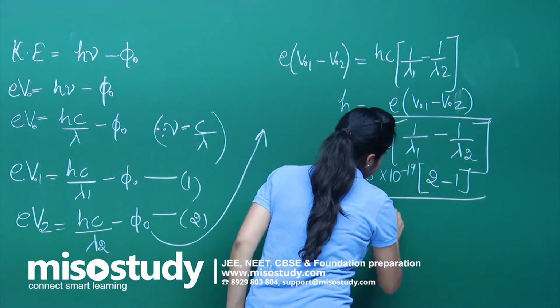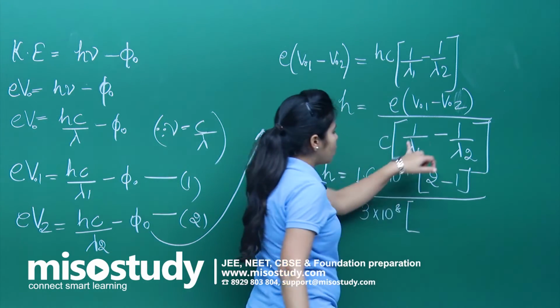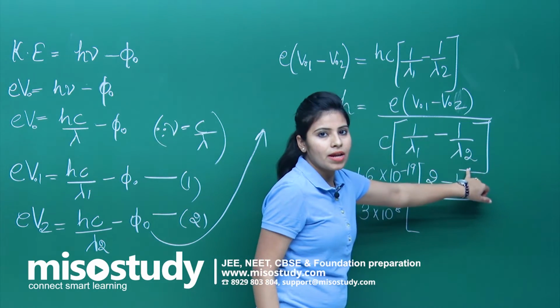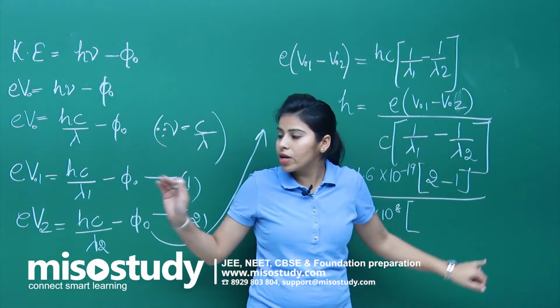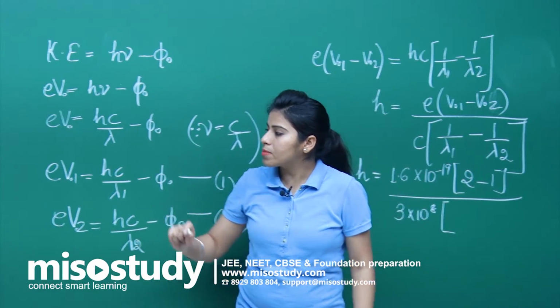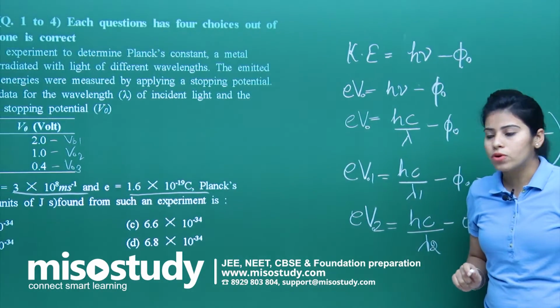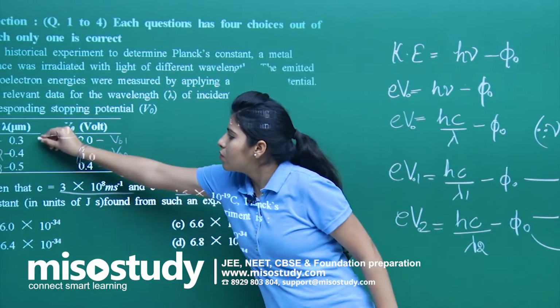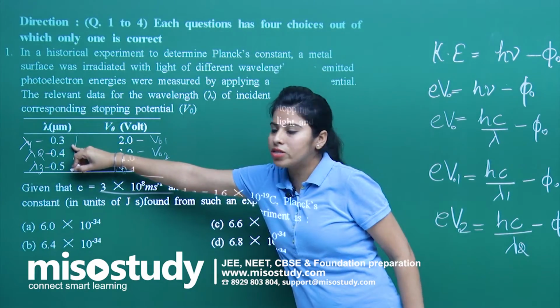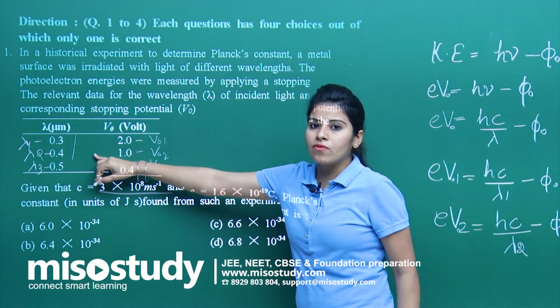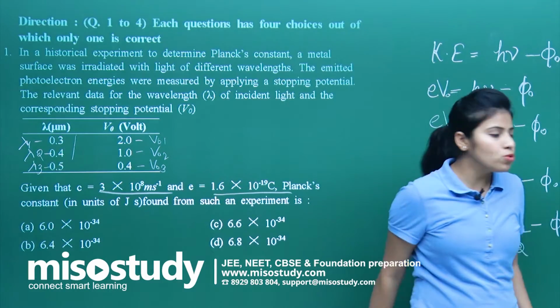Then 1 by lambda 1 minus 1 by lambda 2: lambda 1 is 0.3 and lambda 2 is 0.4, so 1 by lambda 1 will be 1 by 0.3 and 1 by lambda 2 will be 1 by 0.4. So we will be doing it.